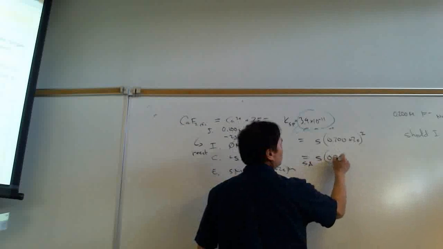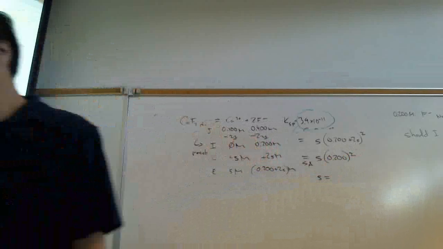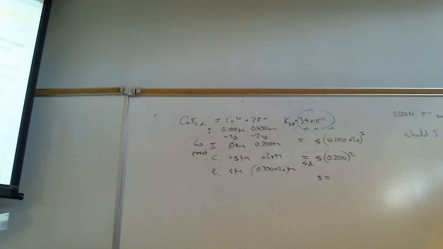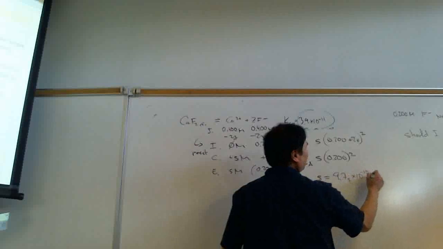This is going to be S times 0.200 squared, which means that S is equal to 9.75 times 10 to the negative 10 molar.